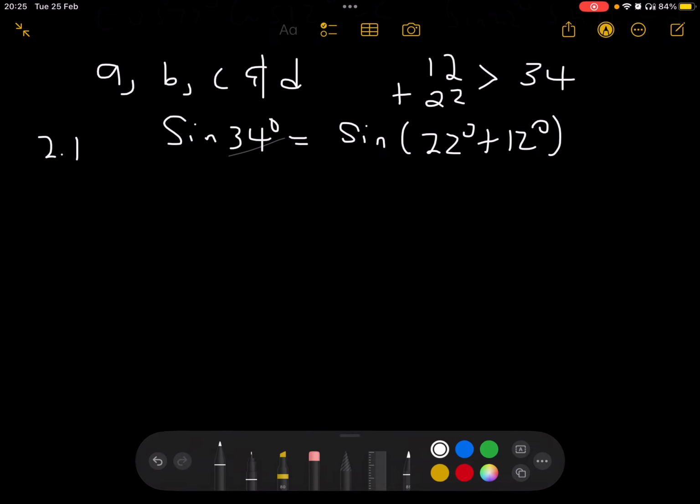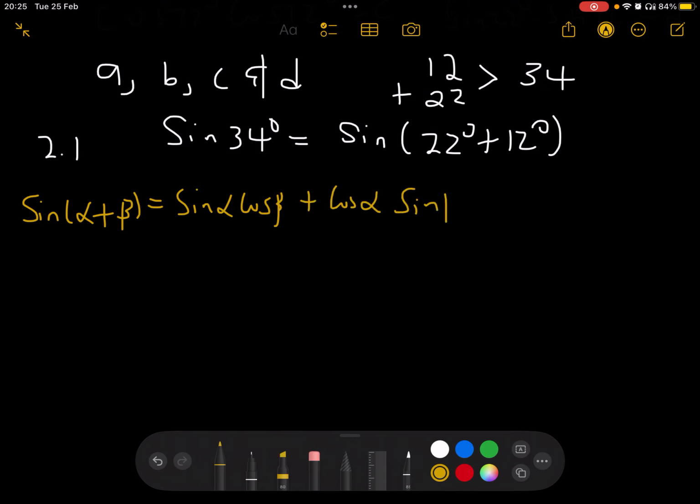So I'm just going to change color. If you have sine of alpha plus beta, you can express it as sine of alpha cos beta plus cos of alpha sine beta.